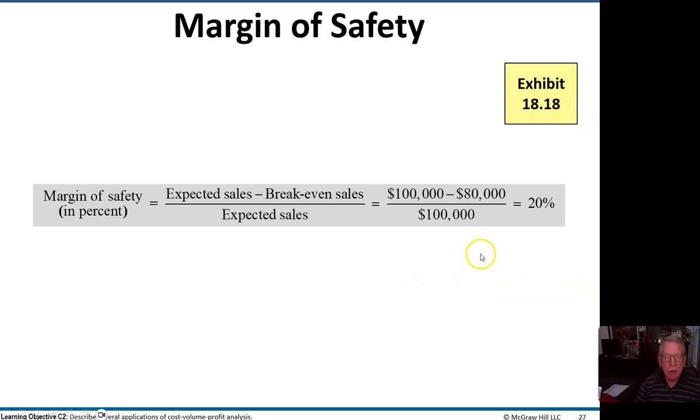So that means that we have basically $20,000 greater than what we expect to break even. So $20,000 as a percentage of our expected sales is 20%. And that gives us a level of comfort that we're going to be able to exceed our break-even forecast.